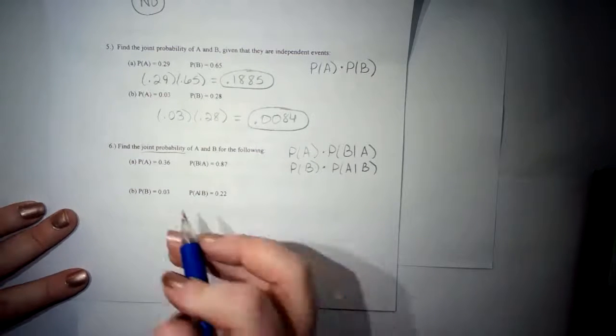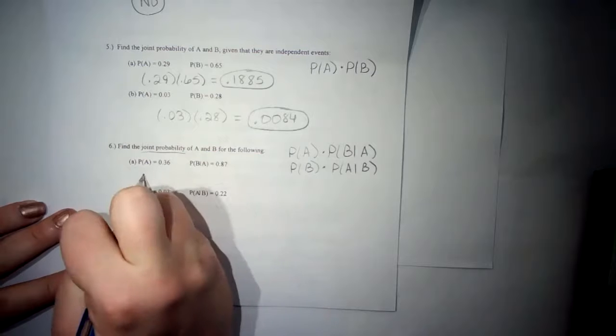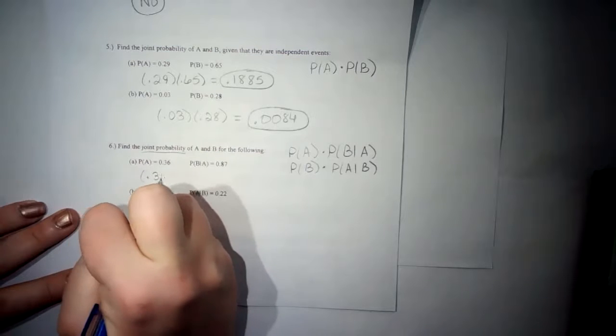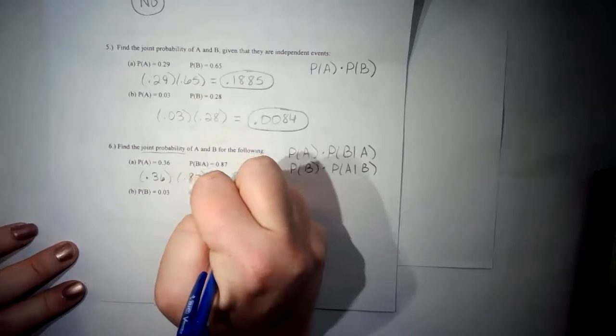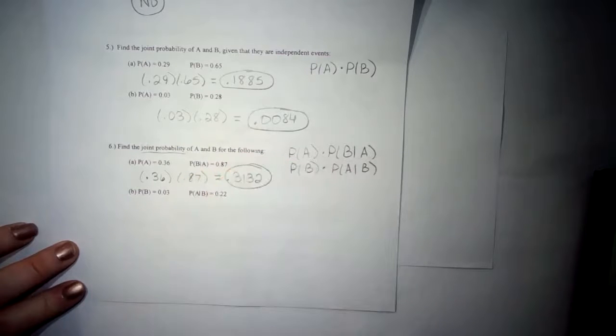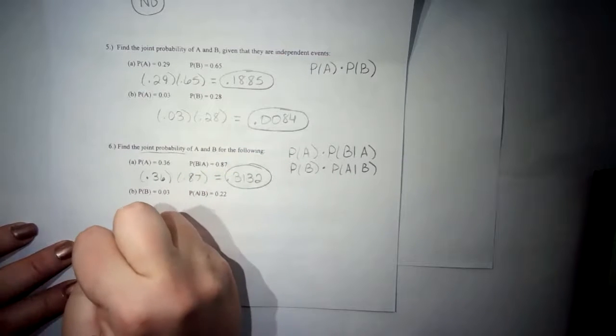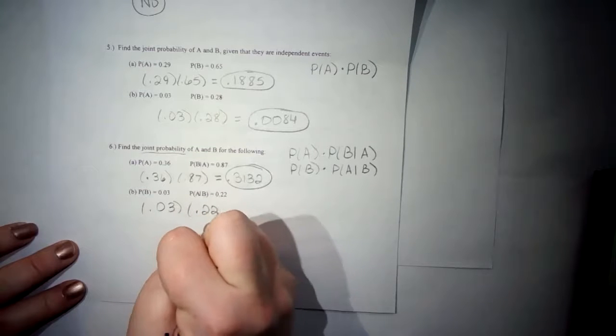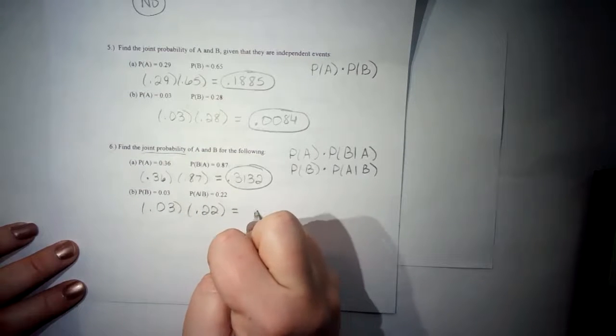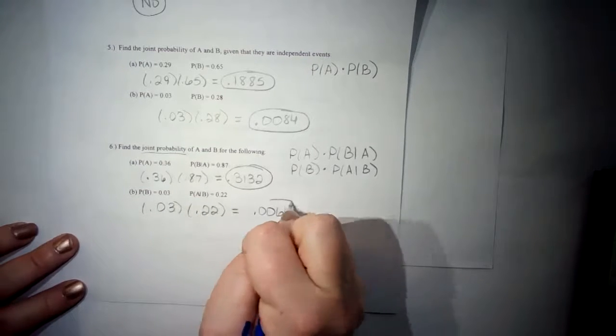All right, so for this one, all I'm going to do is take 0.36 times 0.87. And I get 0.3132. For this one, I'm just going to take 0.03 times 0.22, and I get 0.0066.